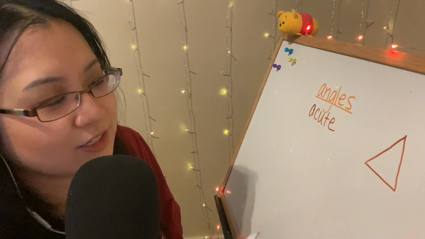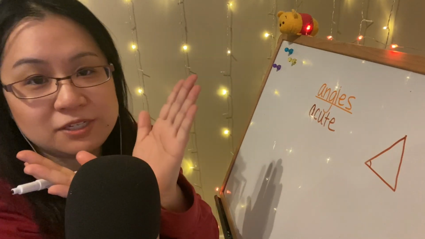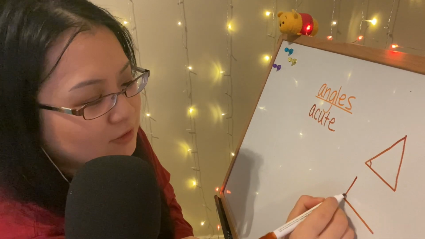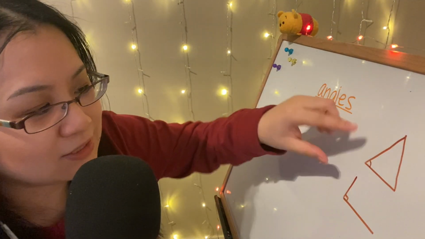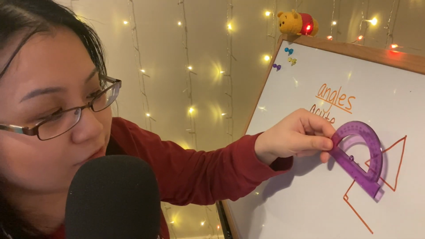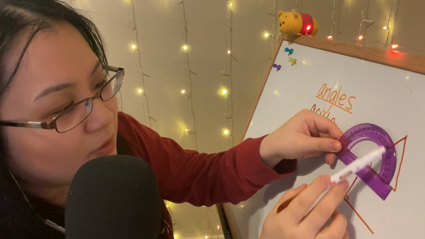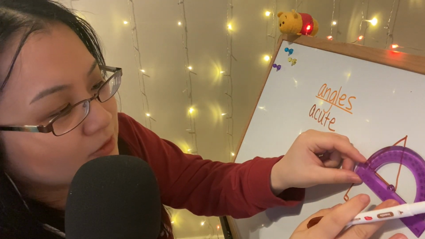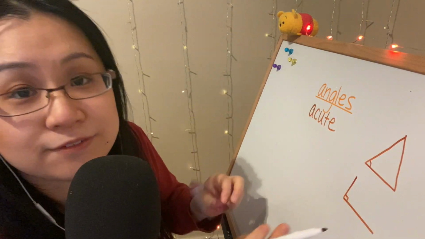Okay, so I'm going to sketch it like that. This is less than 90 degrees, 90 degrees being a right angle like this. So if it's all less than 90, again, you can use your protractor to measure if needed. In this case, it would be about 60 or so. This is about 65, right?